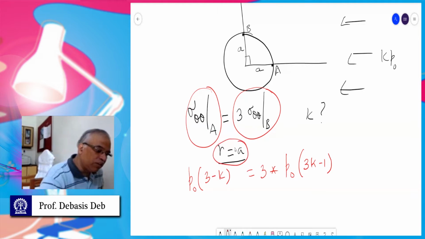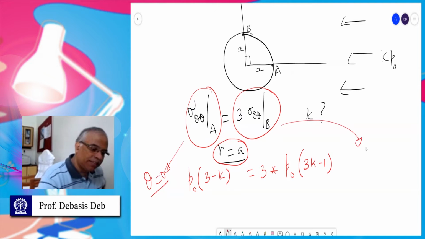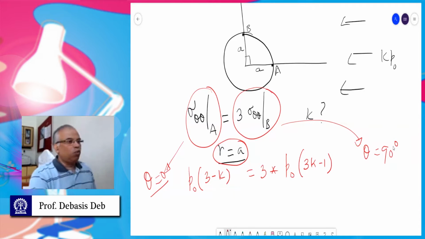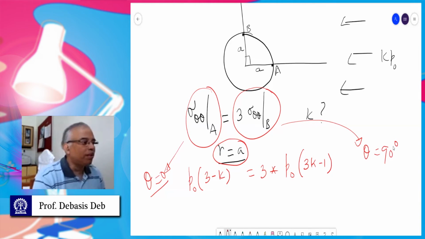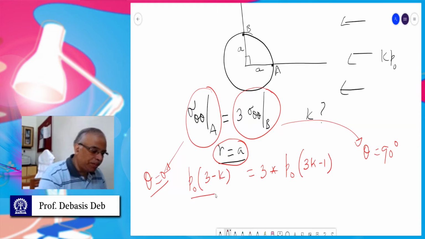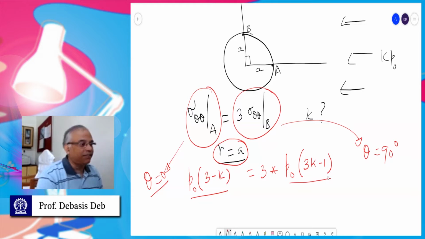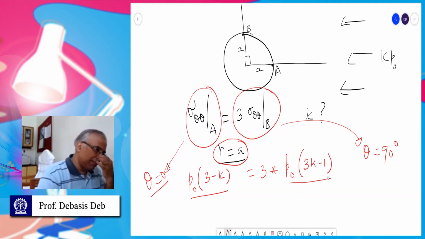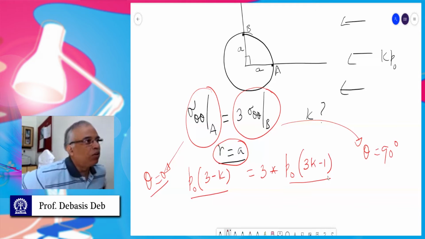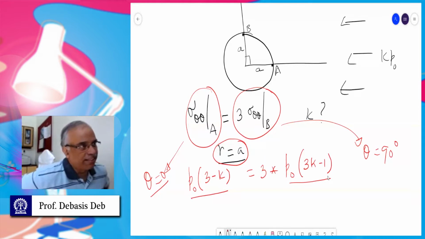When you use this R equals A, and in this case theta equals 0 degree, and in this case theta equals 90 degree, then at the boundary this becomes the tangential stress at point A, and this becomes the tangential stress at point B. So now you will be able to estimate the value of K. This is one example of calculating that stress factor K.